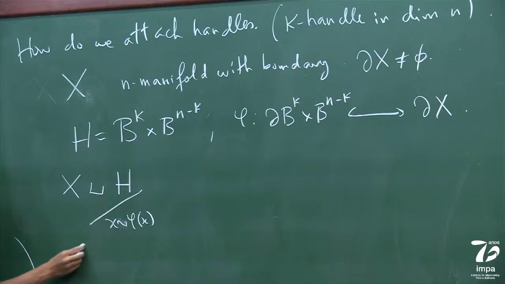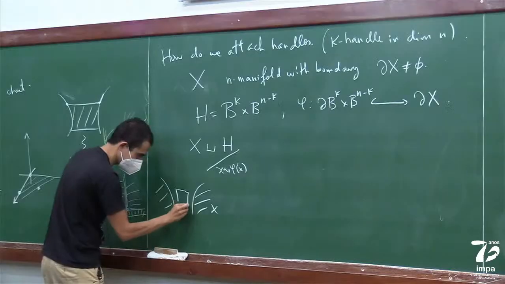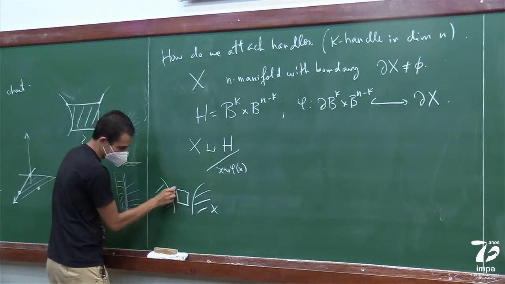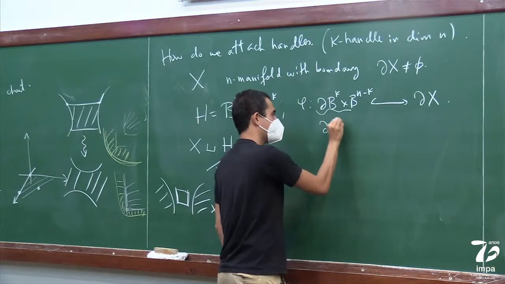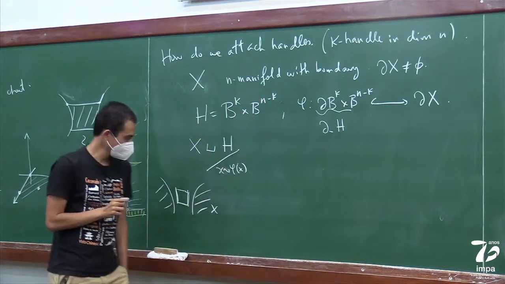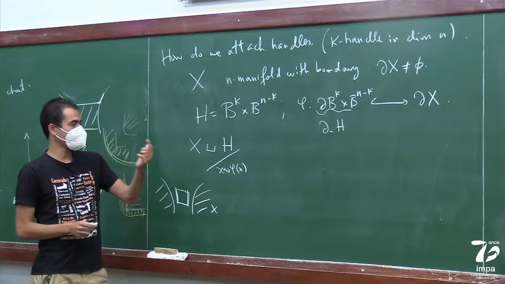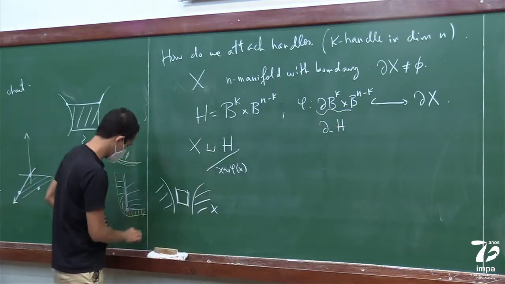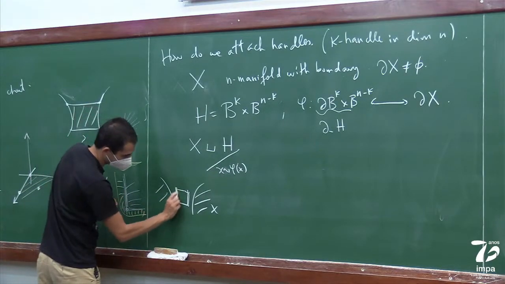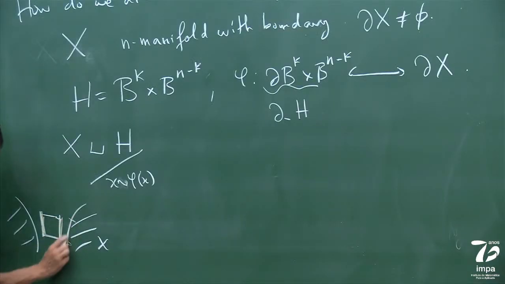So this is your X, this is your H, and then you take the map. This is what I was calling the negative boundary of H. So you have to find a copy of the negative boundary of H inside of the boundary of X. So that's this embedding. I find a copy of this inside here.